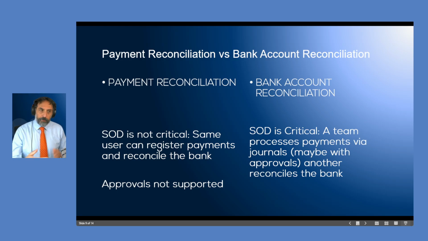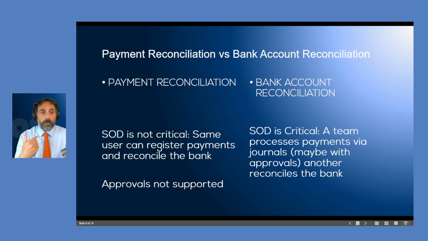Essentially, it's process, as I said, and compliance. When separation of duties is not critical, when the same users can register the payments in Business Central, in the core system, and reconcile the bank at the same time, and it's the same person, separation of duties is not critical.